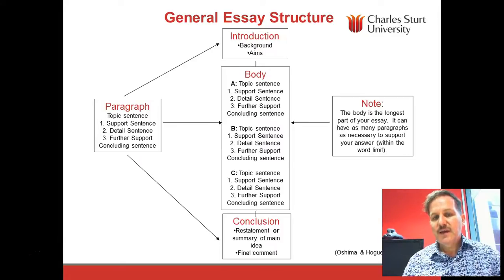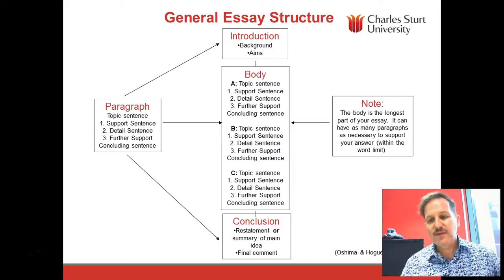So you really have to think clearly about the structure of your paragraphs and the structure of your essay. The way essays work is each paragraph, from the very start to the very conclusion, needs to support your central thesis statement or your central argument.